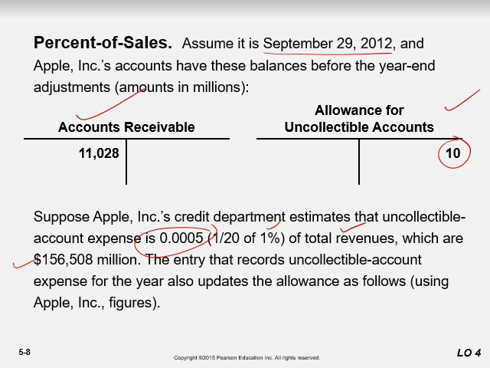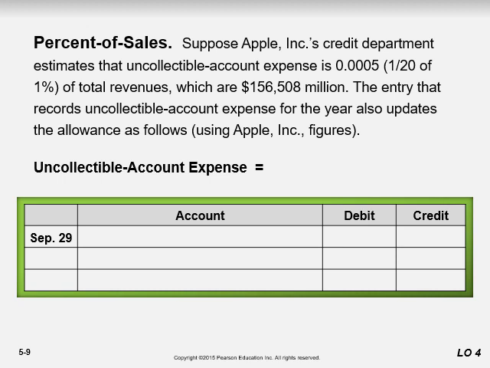Revenue is 156,508 million. So the entry that records uncollectible expense for the year: with the percent of sales method, we multiply 1% with that figure, so uncollectible will be 78 million, right? Because this figure is in millions, this figure is also in millions.